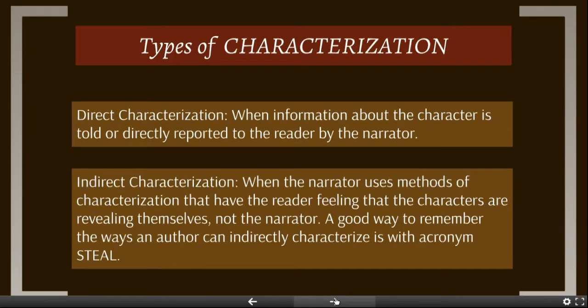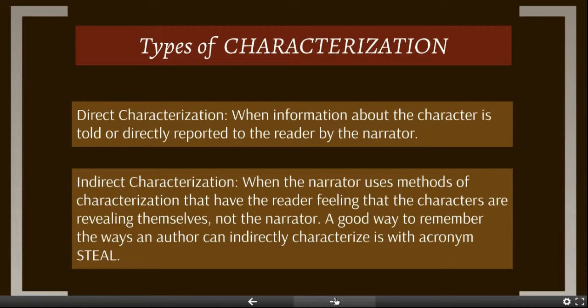And so there's two types of characterization. There's two general ways that an author does this. One is through direct characterization. That's when the information about a character is just directly stated. He's a redhead. She's cruel. He's funny. Those are directly stated. Indirect characterization is more often used. Good writers would use this.